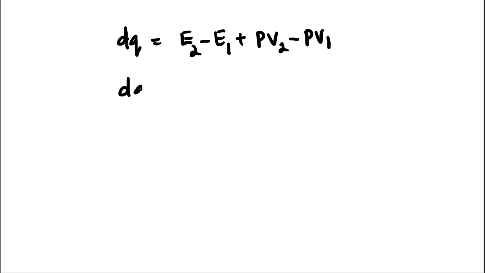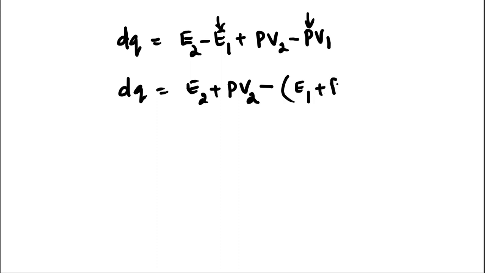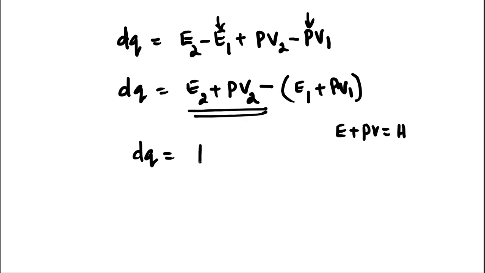I can rewrite this as E2 plus PV2, and I take the minus sign as a common factor from these two, then I end up with E1 plus PV1. Here we define a new quantity, E plus PV, as H. Therefore, I can write the first one, E2 plus PV2, as H2 minus this one as H1. So I am getting dQ is equal to H2 minus H1.